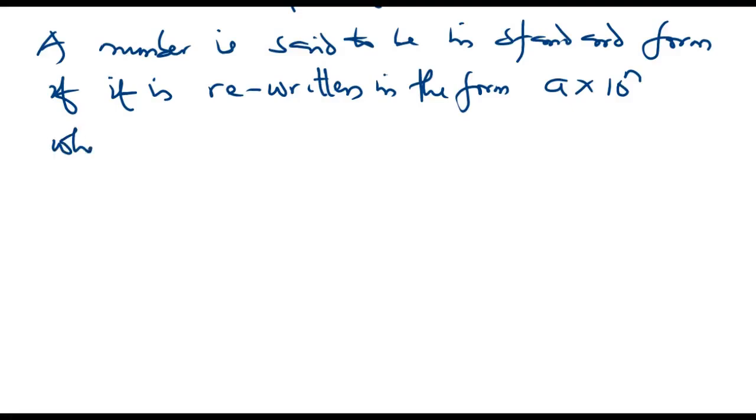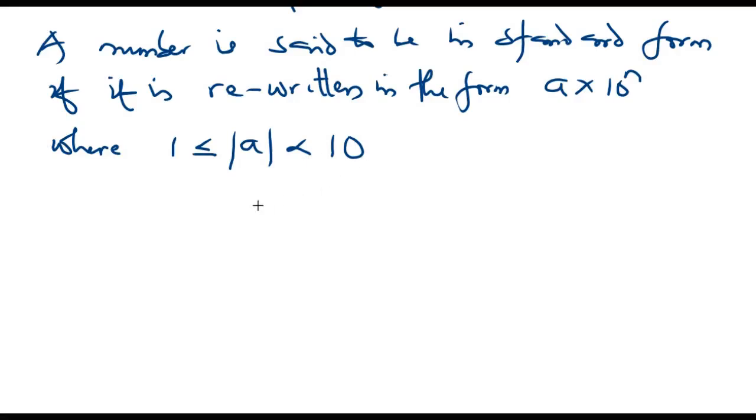So where 1 is less than or equal to the absolute value of a, which is less than 10. The implication of this is that a can be 1, but a cannot be less than 1. So a is greater than or equal to 1, and at the same time a is less than 10.